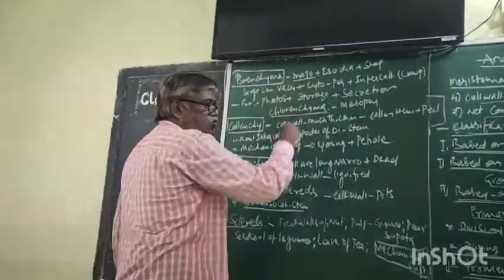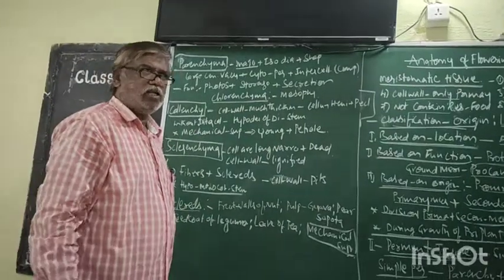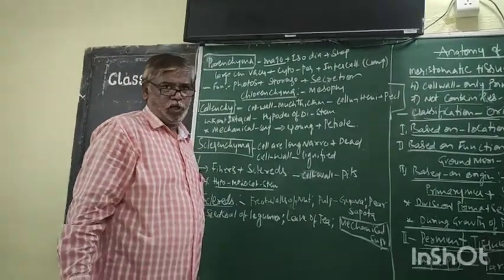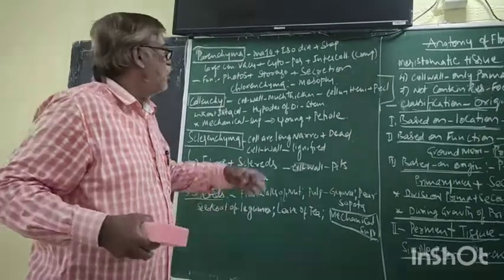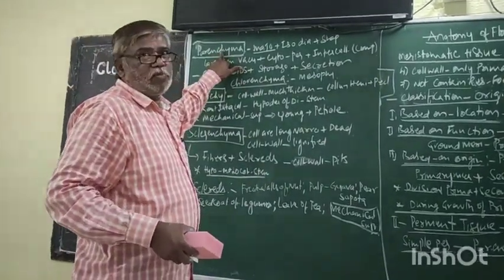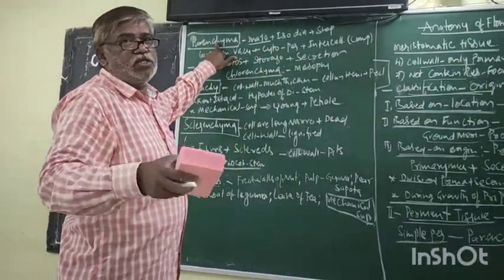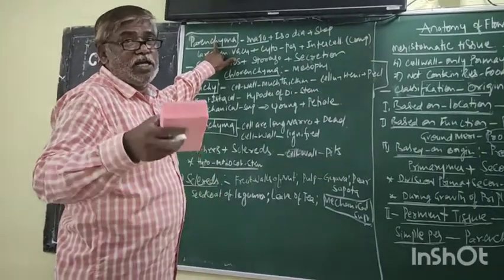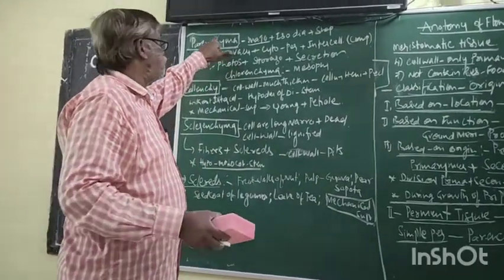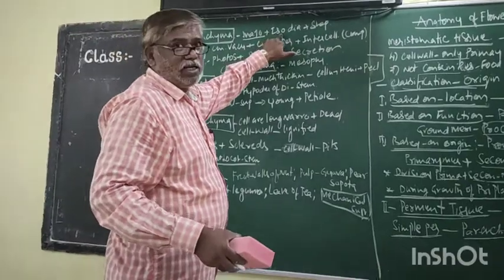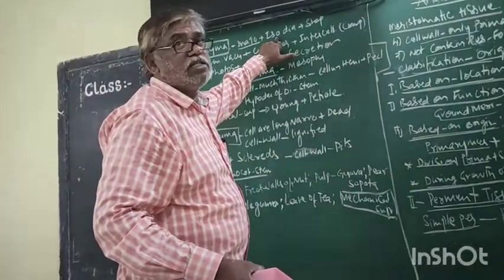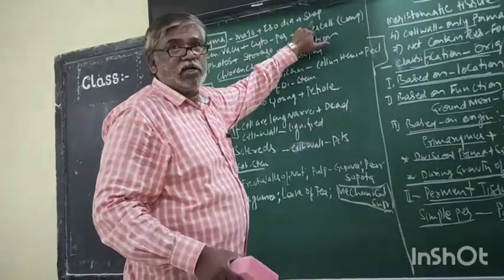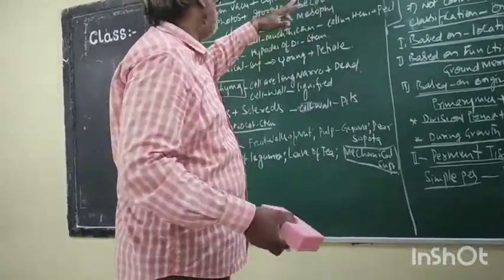If you take any plant, monocot or dicot, the major part contains parenchyma. That means the major simple permanent tissue is parenchyma. Parenchyma is isodiametric: length, width and height are the same. The shape may be circular, oval, cylindrical, whatever it may be.